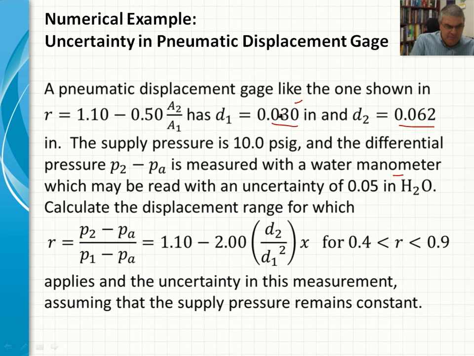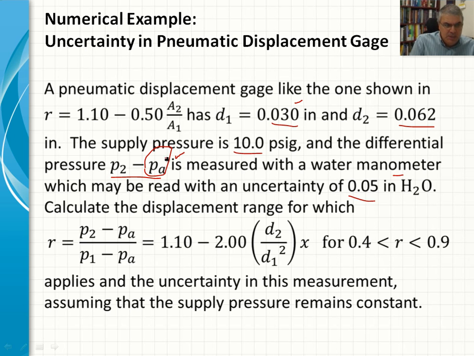The supply pressure is 10.0 psig, and the differential pressure P2 minus PA is measured with a water manometer, which may be read with an uncertainty of 0.05 in H2O. Remember, this P sub A is the ambient pressure, and that is constant throughout our operation, so there's not much change associated with that.